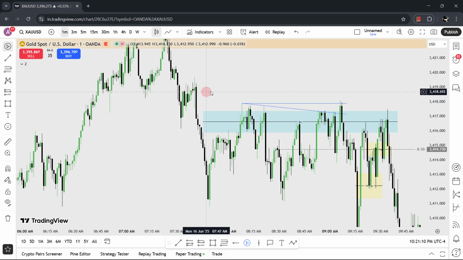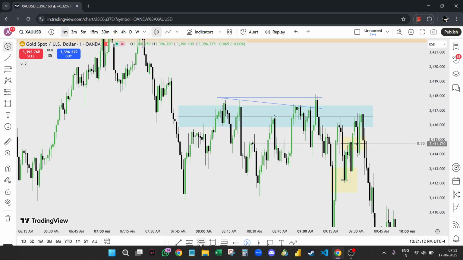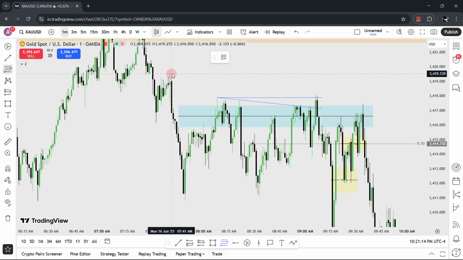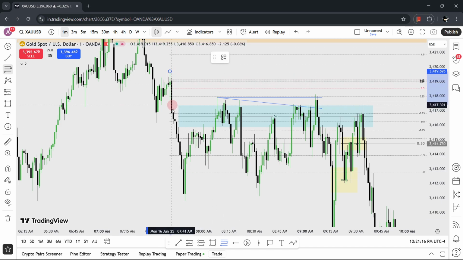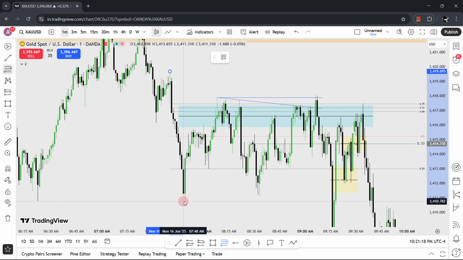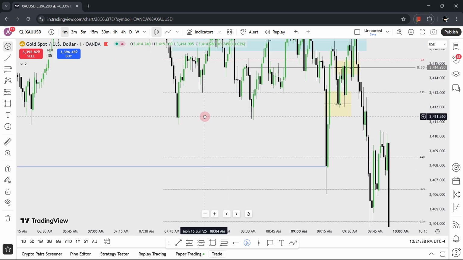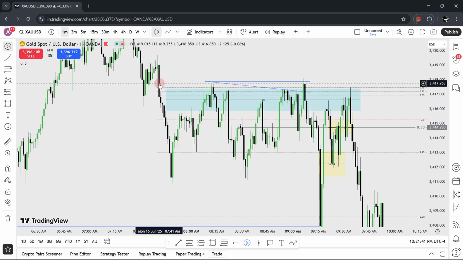If you just measure the displacement from this high to this low, you can see the midpoint is here, the golden zones are here, and the target here.